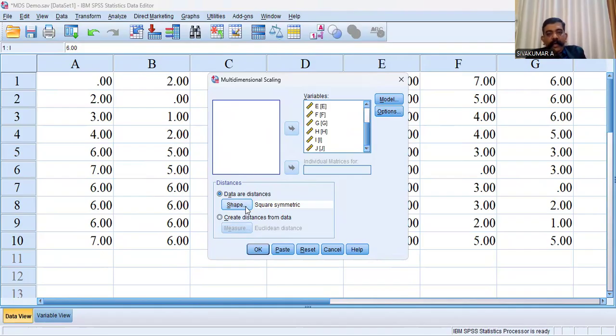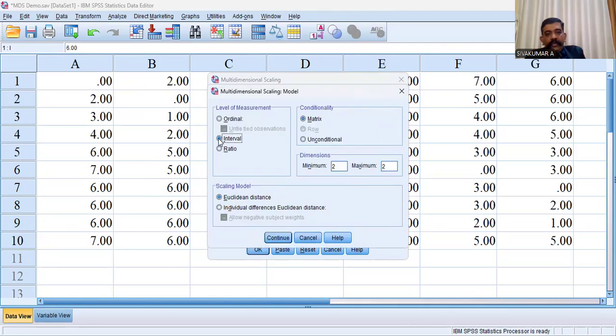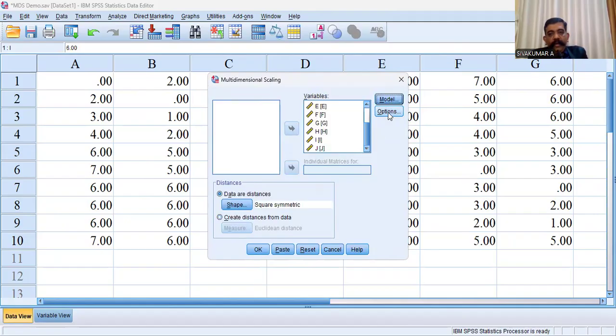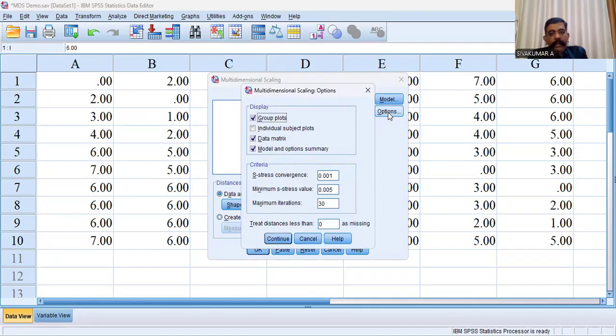Then Data, Distances, shape: square symmetric, default. Okay, no problem. Then Model, we have to choose interval. Then scaling model: Euclidean distance, conditionality: matrix. Please continue.